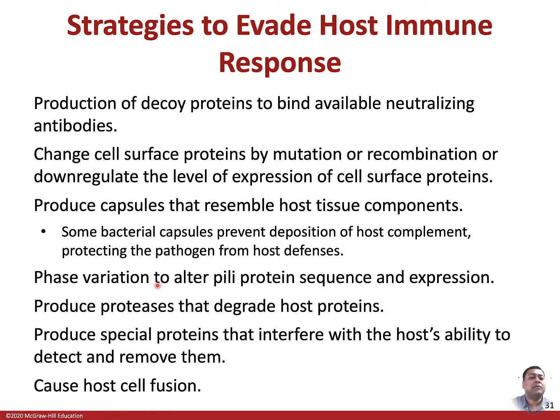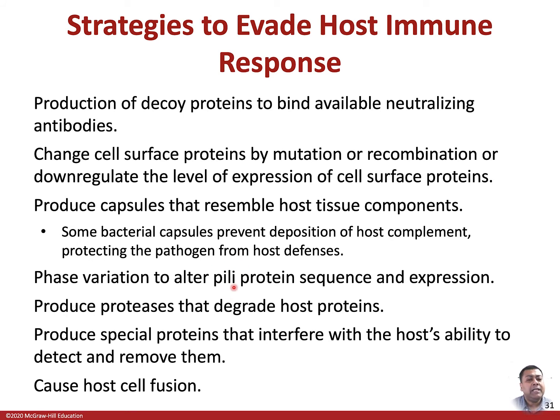Also, another interesting thing is called phase variation. This is practiced by Neisseria gonorrhoeae, which causes gonorrhea. They alter the pili protein sequence and expression. Once Neisseria gonorrhoeae goes into the host, it has this pilin protein, which makes up the pili.